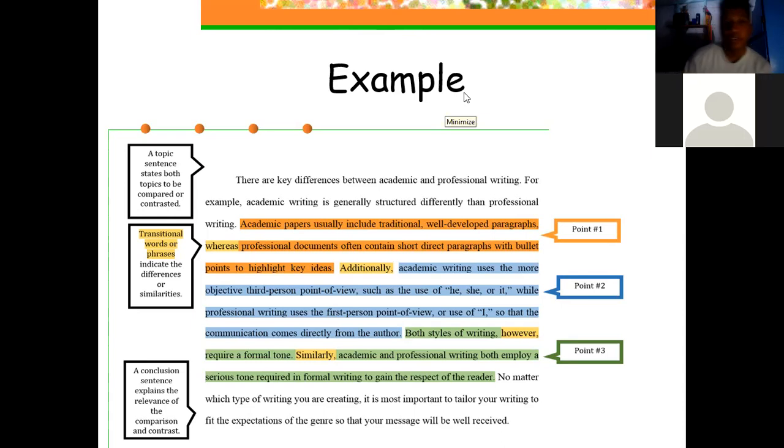Okay. I will say if the paragraph is very important. It's that easy, right? You can use all the format you can see in this PowerPoint. The first one is the introduction.